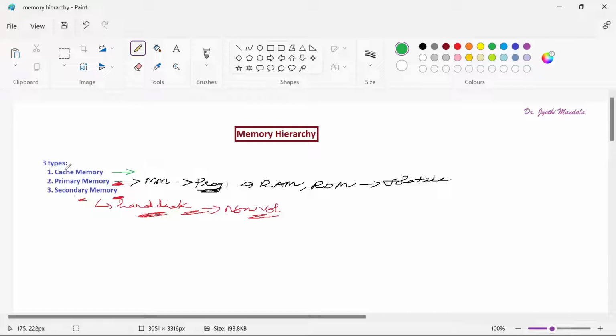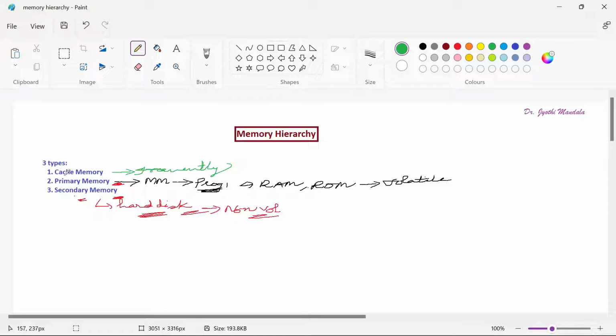So we can say cache memory is nothing but frequently required data by the CPU, which can be stored in the cache memory. Considering those requirements, we have these three types of memory.